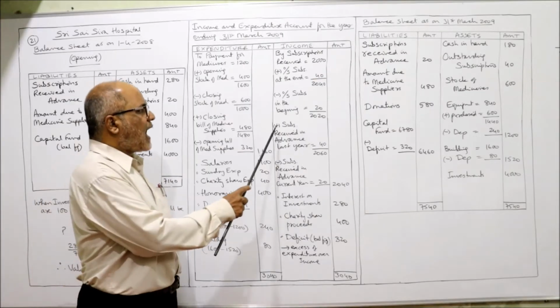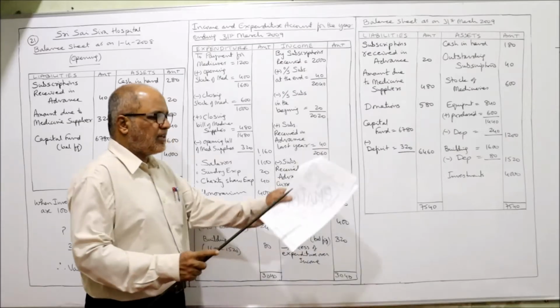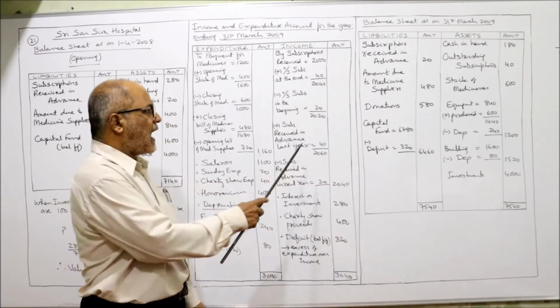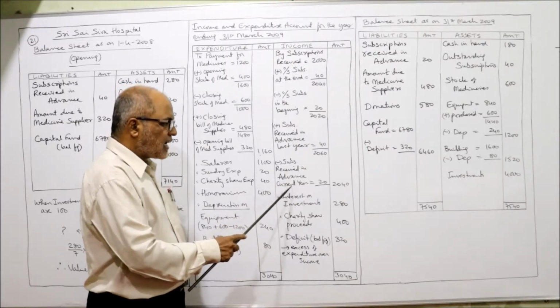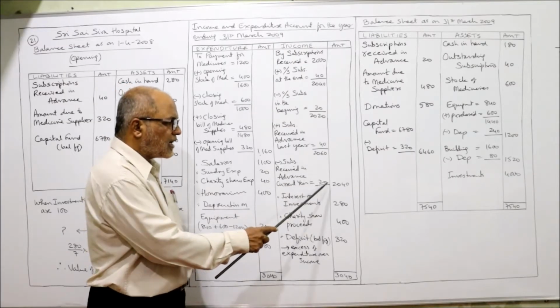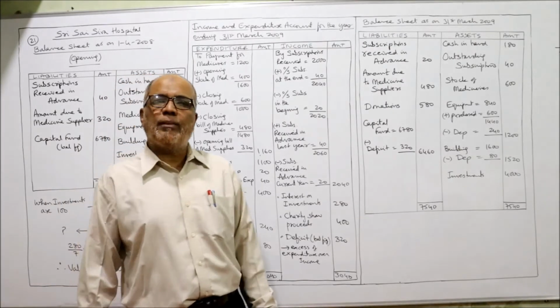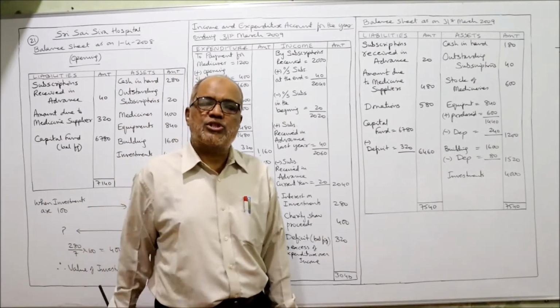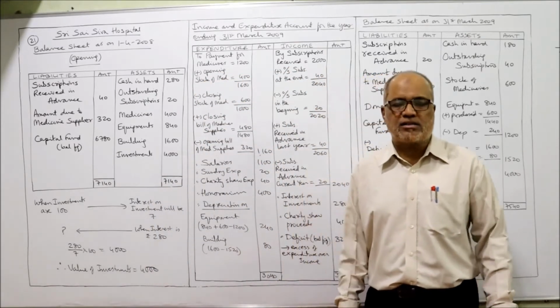So see here, add subscription received in advance last year 40 rupees, given in the problem 40 rupees last year, add up 2060 minus subscription received in advance in the current year 20, deduct 20, 2040. These rules you have to remember regarding outstanding subscriptions and subscriptions received in advance.